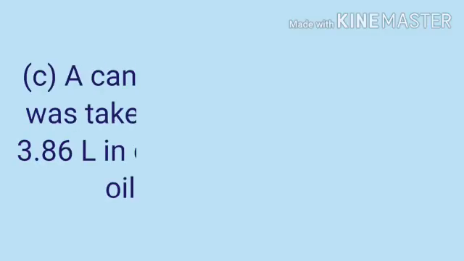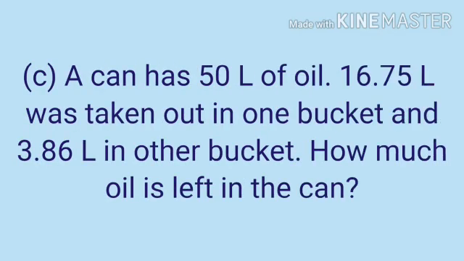Word problem number C. A can has 50 liter of oil. 16.75 liter was taken out in one bucket and 3.86 liter in other bucket. How much oil is left in the can? So let us first understand this question.